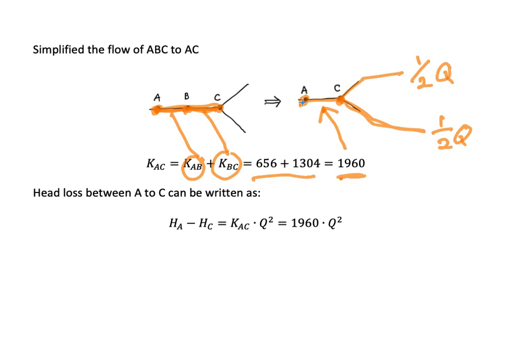For example, we have A to C. We could imagine that the total loss here is HA minus HC, which is equal to KAC Q square, and that is equal to 1960 Q square. As we know that HF is equal to KQ square, this is the total loss from A to C.